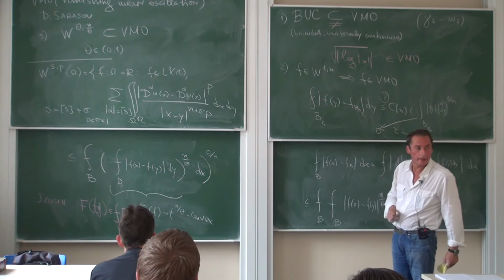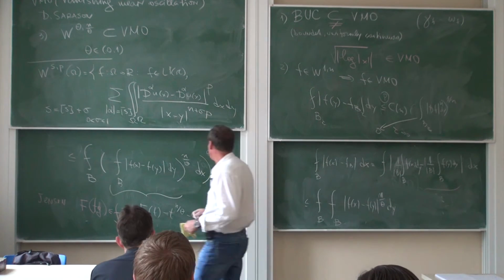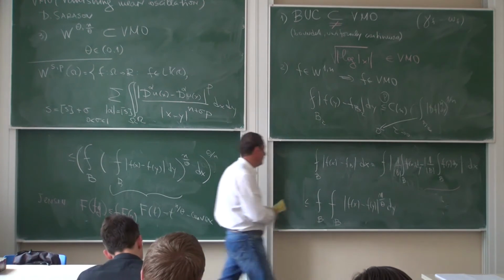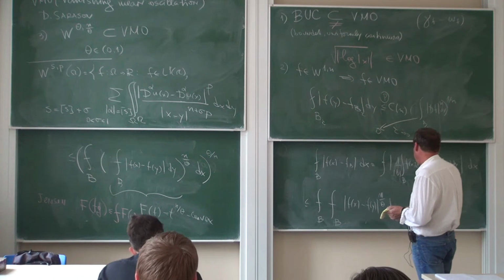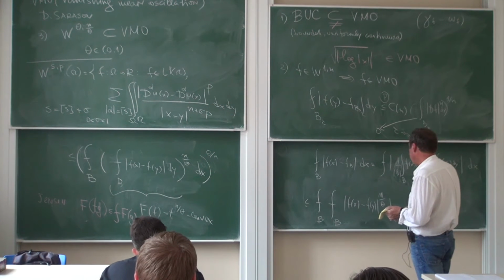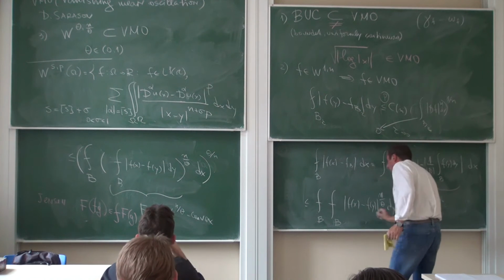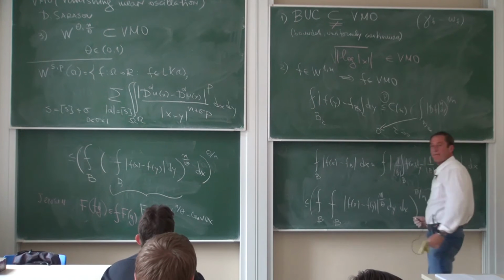Two brackets. The first before the first integral. Okay. One was missing. So, and the dx raised to theta over n. Okay.